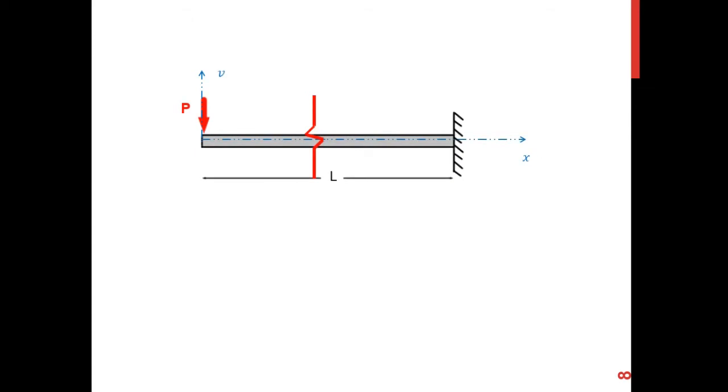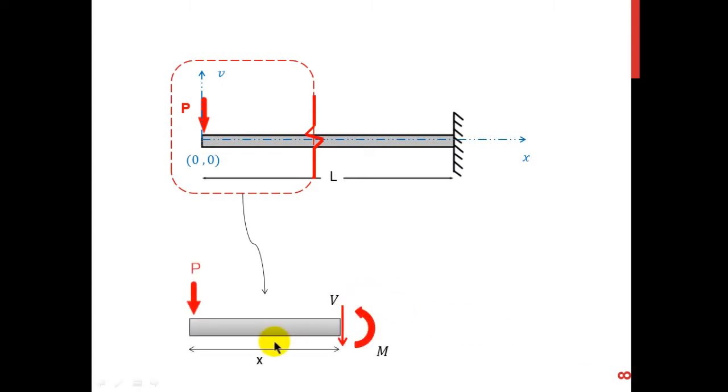There's another thing. I can mirror my cantilever. It is absolutely correct, so I'm not changing anything. I'm just mirroring the cantilever. In this case, the only difference is that, remember, my origin is here, right? So what I have here is the distance as x. It is no longer L minus X. So this is the X, and I have the same forces as well.